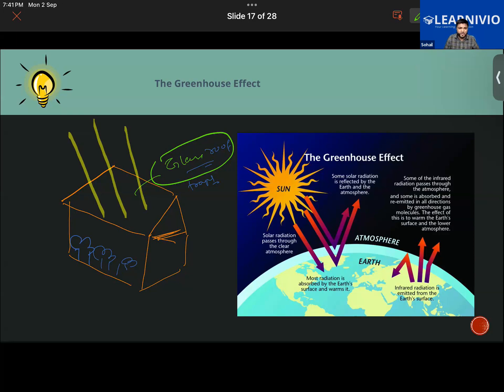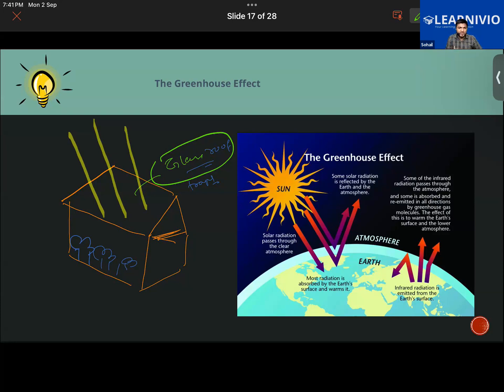So what are we seeing about this greenhouse effect now? The sun's rays that fall on the Earth contain infrared in them, and it is the infrared radiation because of which the sun's rays are hot.